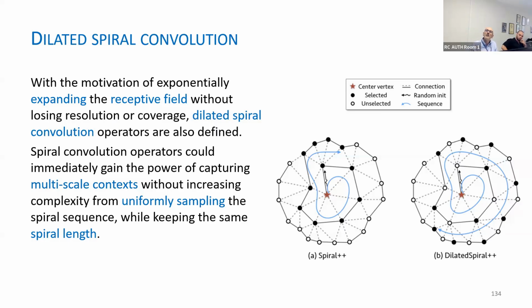So we can perform convolution, keeping the same number of points, but enlarging the receptive field of the central point. Okay, so these are 2 propositions for convolution. One on a general manifold, continuous manifold. The other one on a mesh.